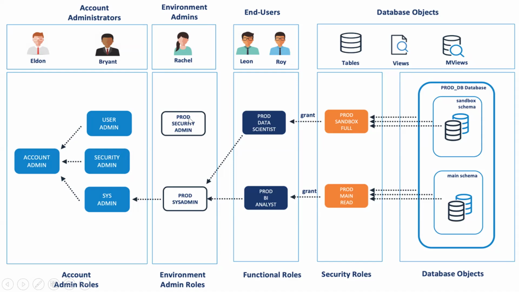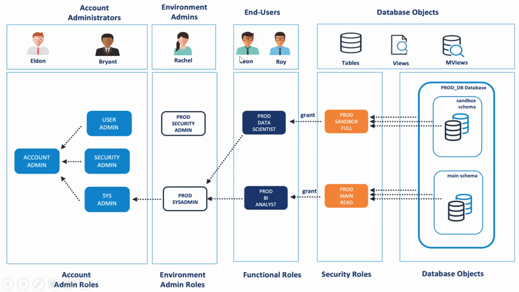She is using a custom role only, prod security admin and prod sysadmin. And she will not get direct access to any system role. And she will be acting as environment admin. So she will grant the privileges. At the same time, she is acting as a developer also, both. And basically, we can call them environmental admins.